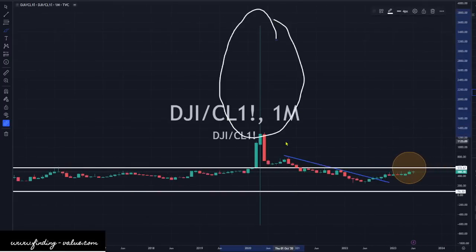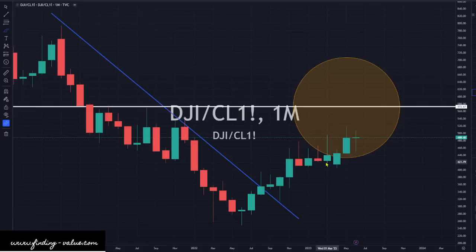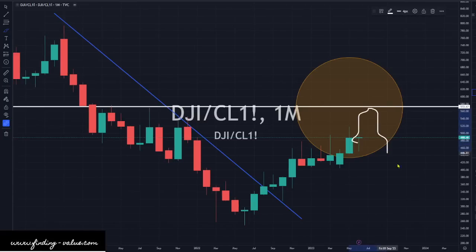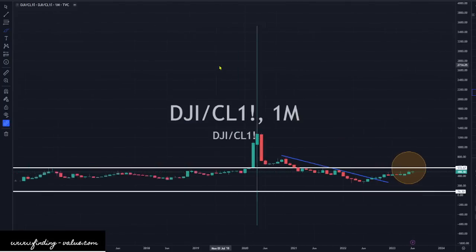We peaked here, came down, we're coming back to that white line, and I think we're going to compress down whenever it determines it wants to compress. We could go a little bit higher where crude oil underperforms Dow Jones for a little bit longer, and then we'll get a turn where crude oil will potentially outperform.